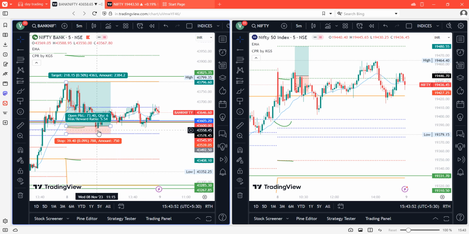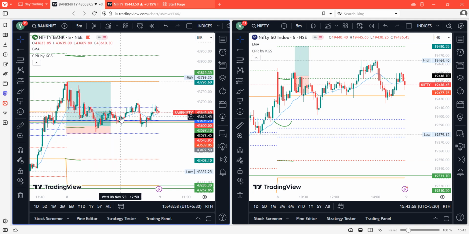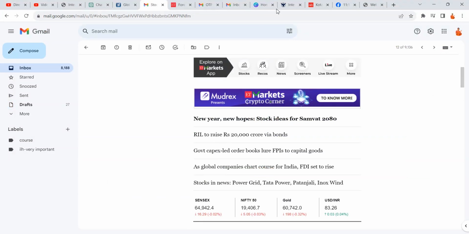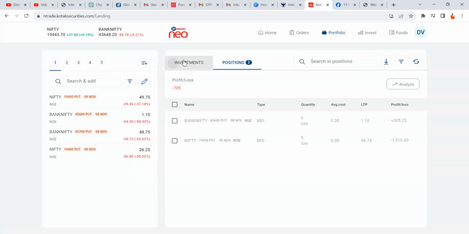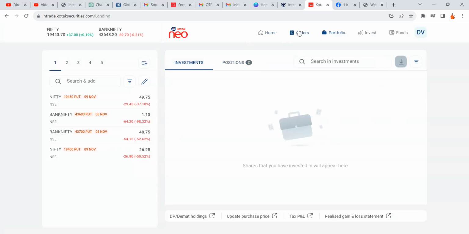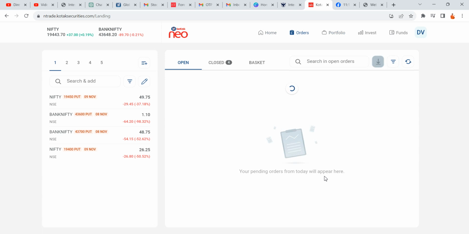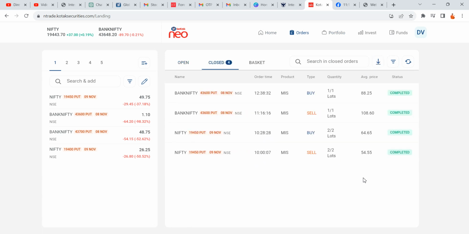When I take the trade, if the price closes above my area, I am going to have all the premium I have entered. For example, let's go here and check it out. What is the premium here, at 43,600?